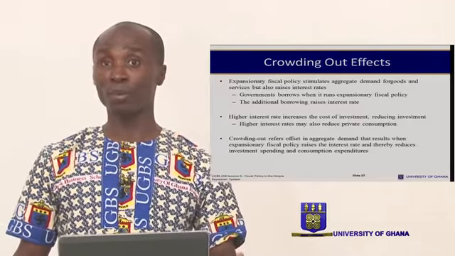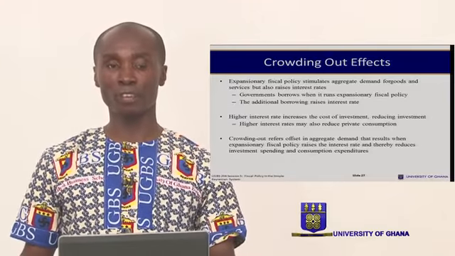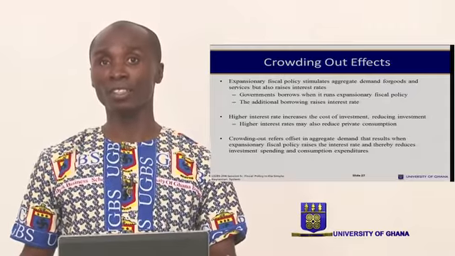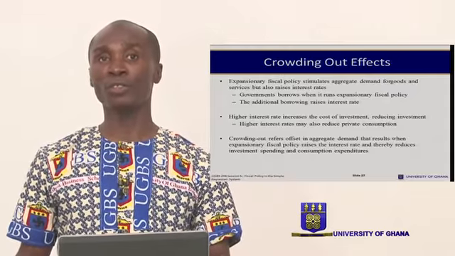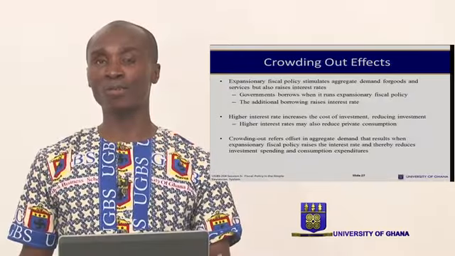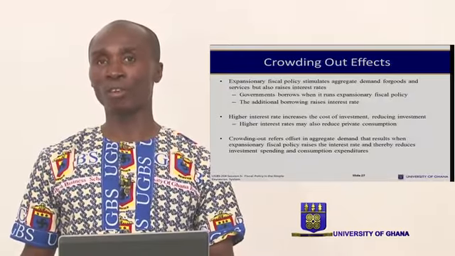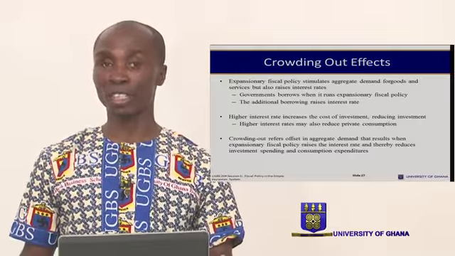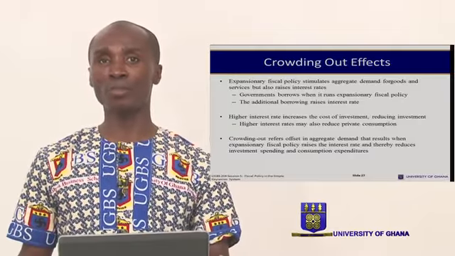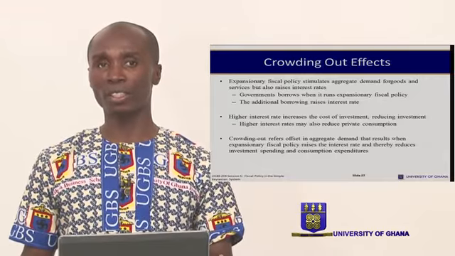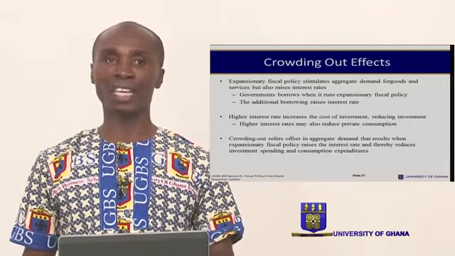That's it for today. Just to quickly recap what we've done today, we have focused mainly on fiscal policy. We said that fiscal policy refers to changes in the level of government spending and or taxes that affect the level of economic activity. We indicated that there are two main types of fiscal policy: expansionary and contractionary.